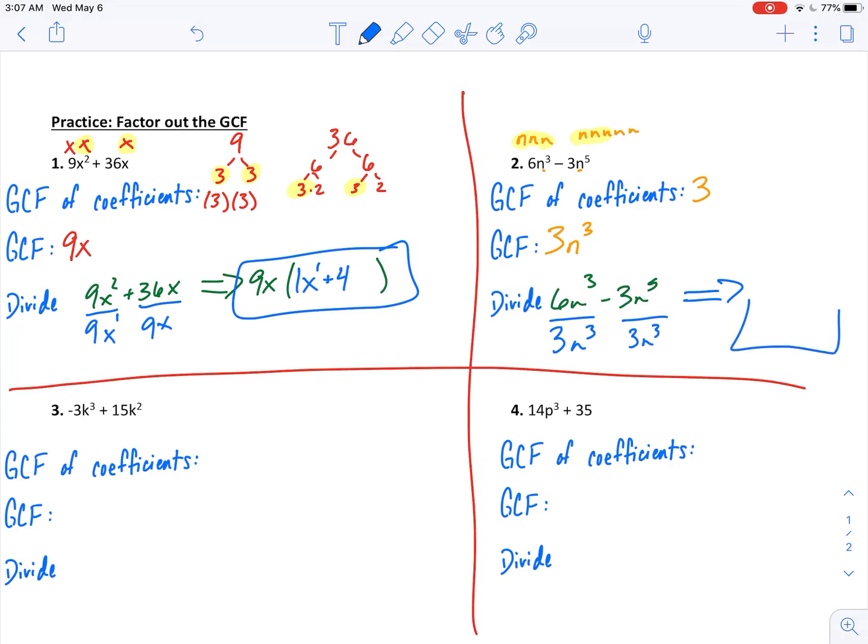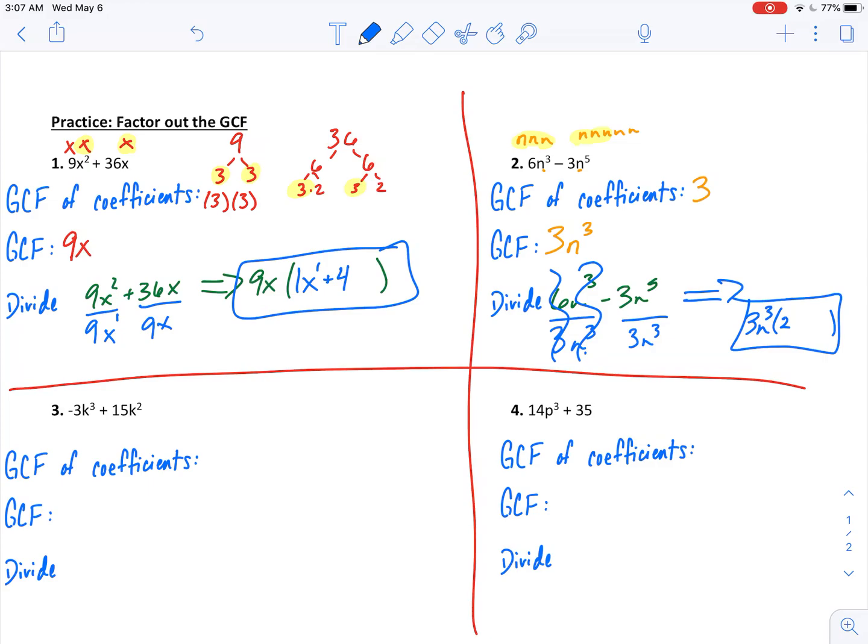So for our final answer, we factored out a 3n to the third, and we're going to figure out what's left. 6 divided by 3 is 2, so we're done with that. n cubed divided by n cubed, these are going to cancel.